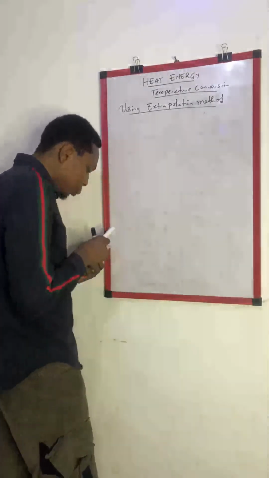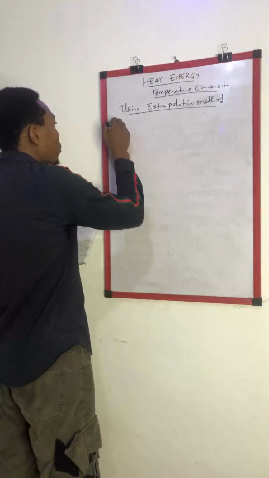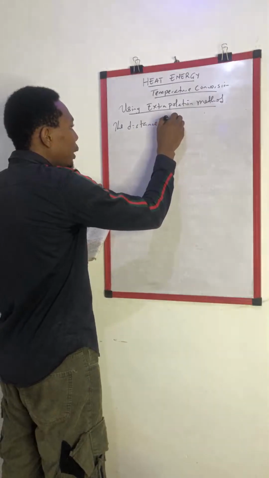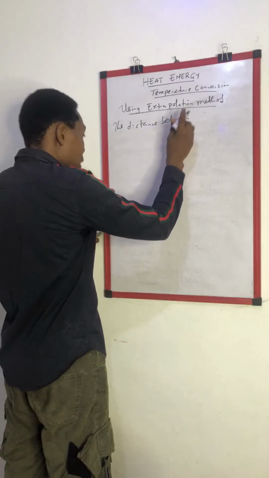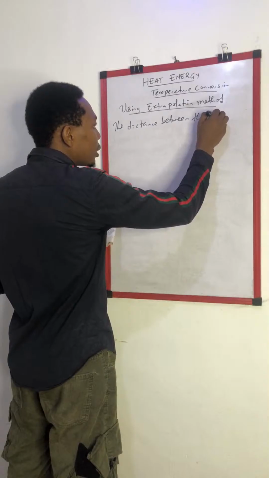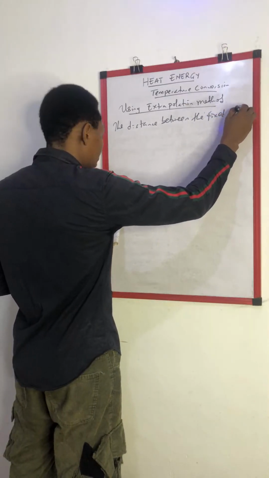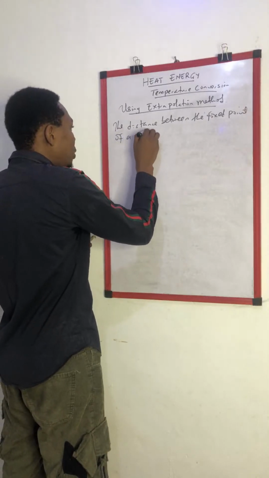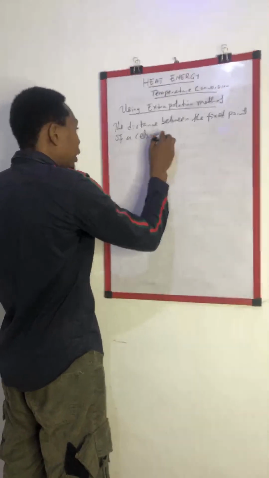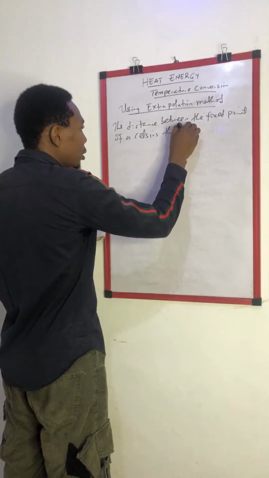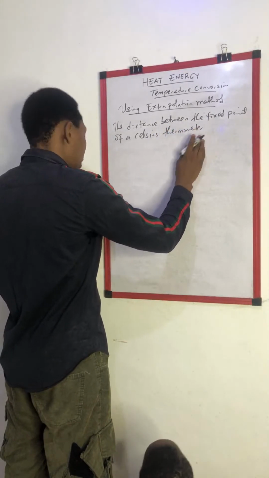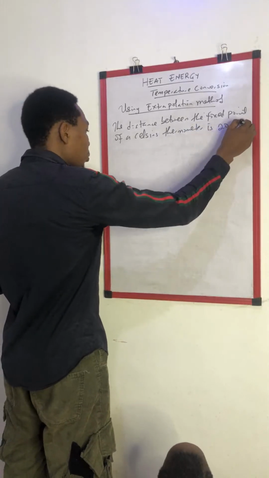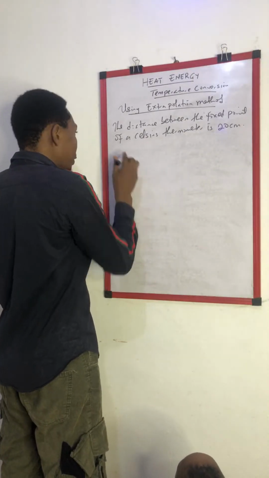The distance between the fixed points of a Celsius thermometer is 20 centimeter.